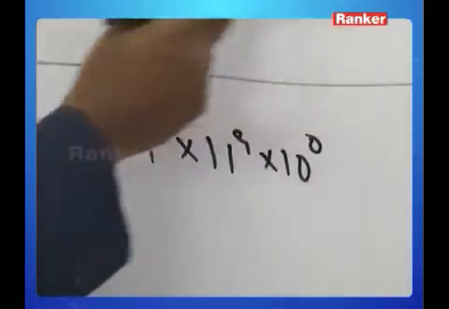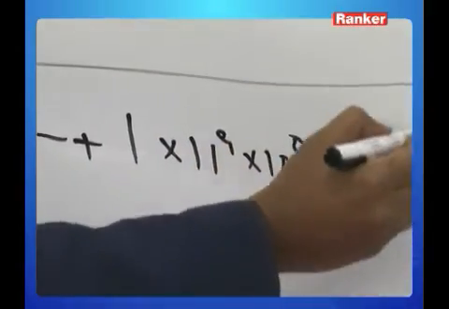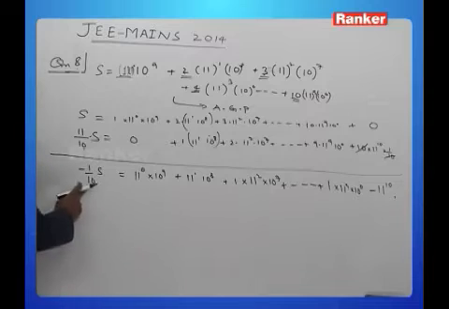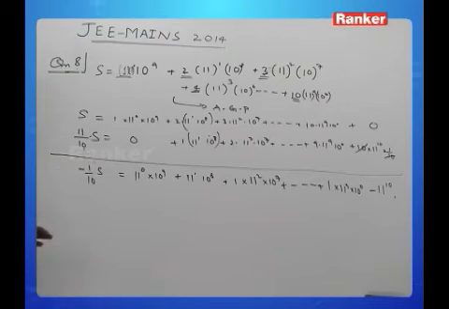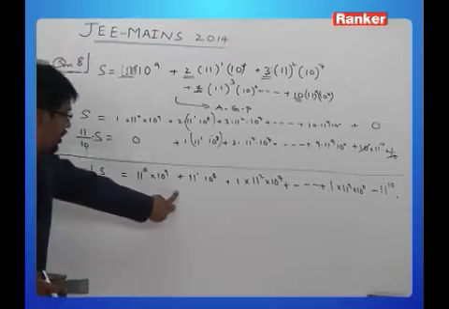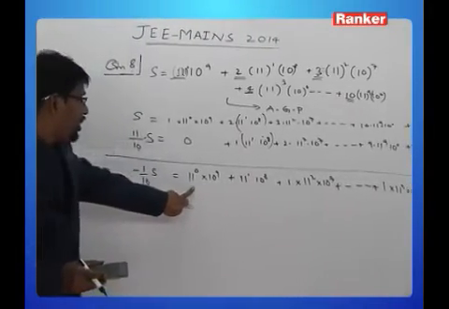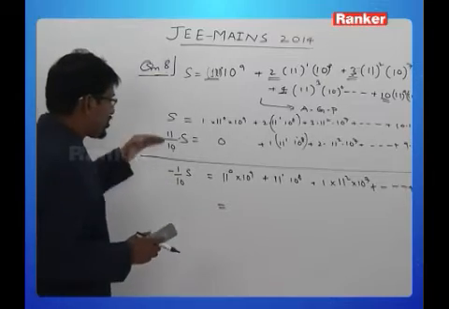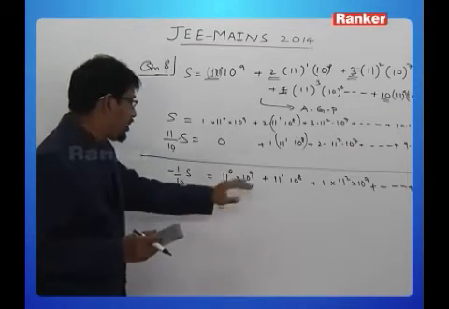And now this term with a minus sign will come with 11 power 10. This is your minus 1 by 10 times of S. Observe that this is clearly in GP with the common ratio as 11 by 10. So the AGP has been brought down to a GP here on the right hand side.